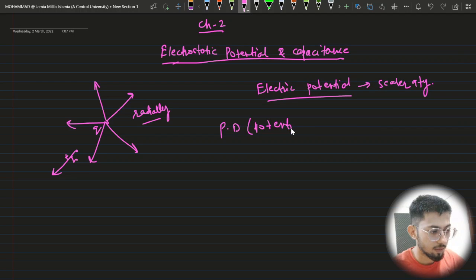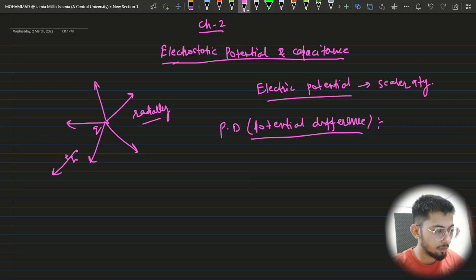Potential difference. So in order to do that, let us consider a point charge plus q situated at some point. There is some charge plus q situated at this point, and let there be 2 points A and B in the vicinity of this electric field.